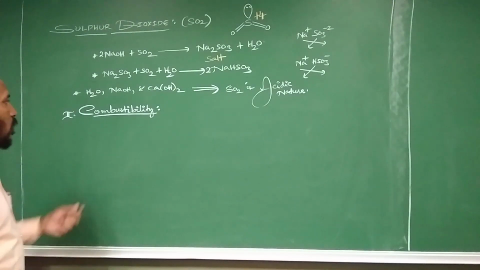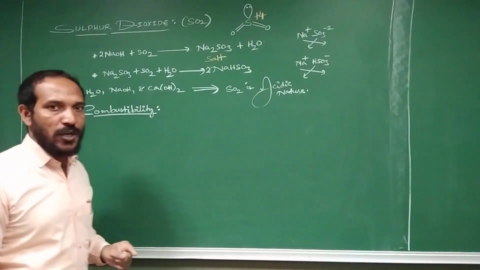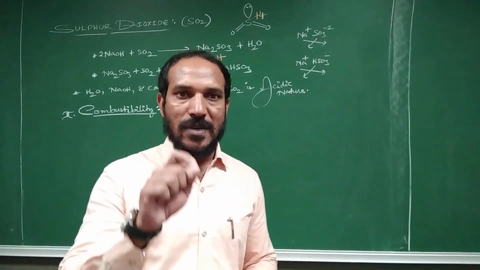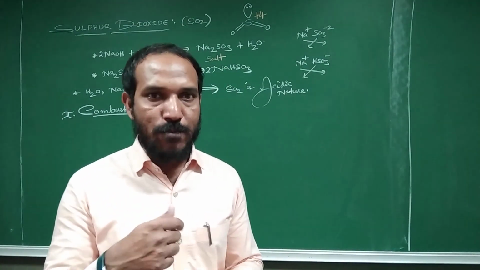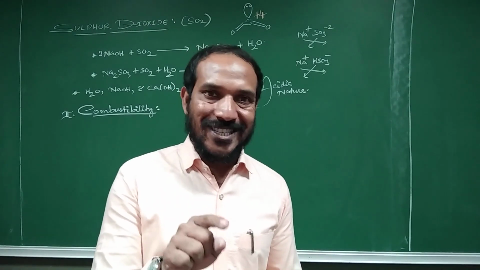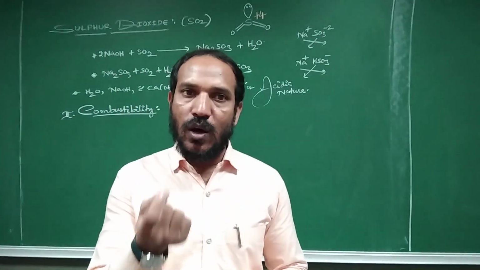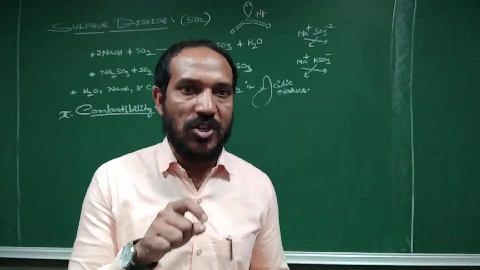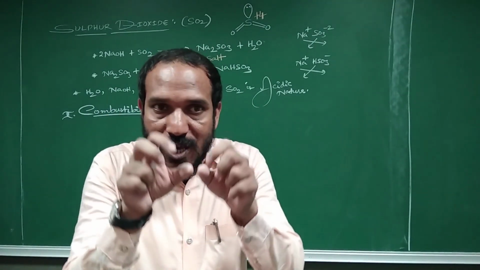Okay. Now, the next property of sulfur dioxide, that is a chemical property of sulfur dioxide, is combustibility. So sulfur dioxide neither undergoes combustion nor reacts with oxygen, and it does not support combustion, but it will what? Abstract the oxygen.